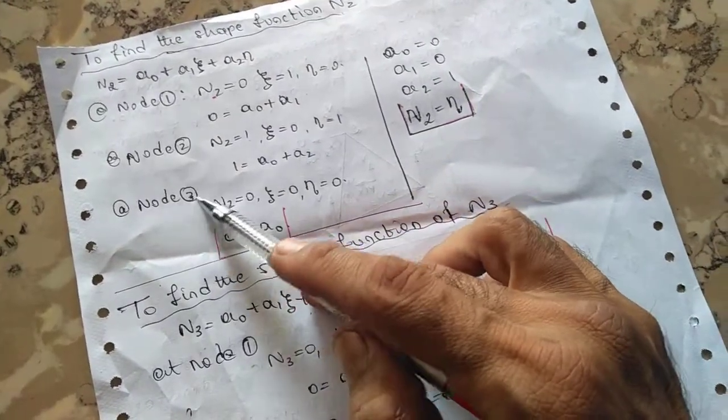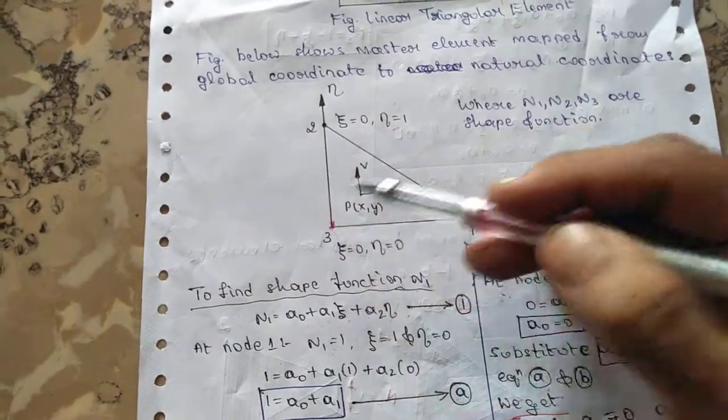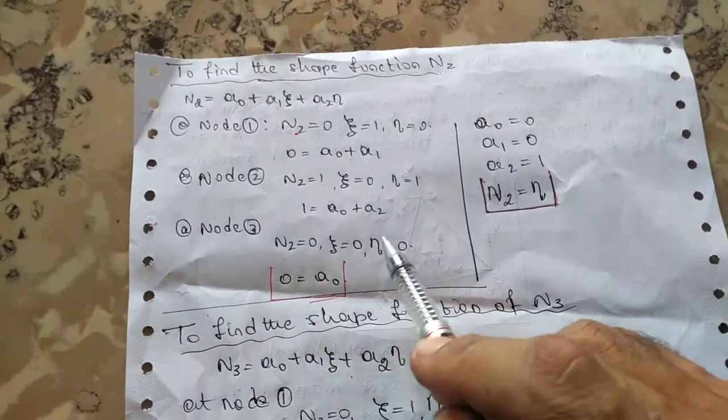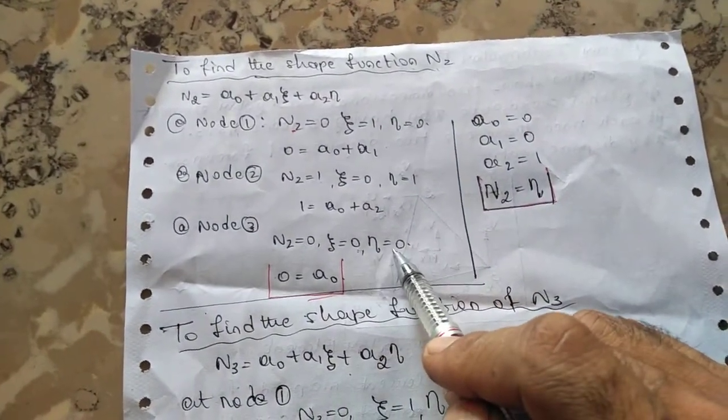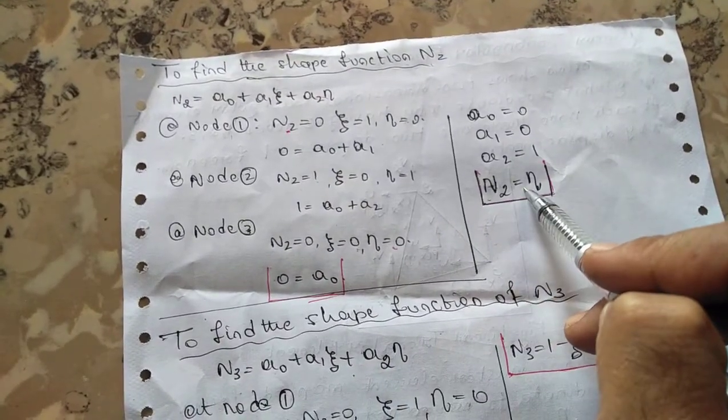Same for N3. At this point N2 will be 0, xi is 0, and eta is 0. So we will get N2 as eta.